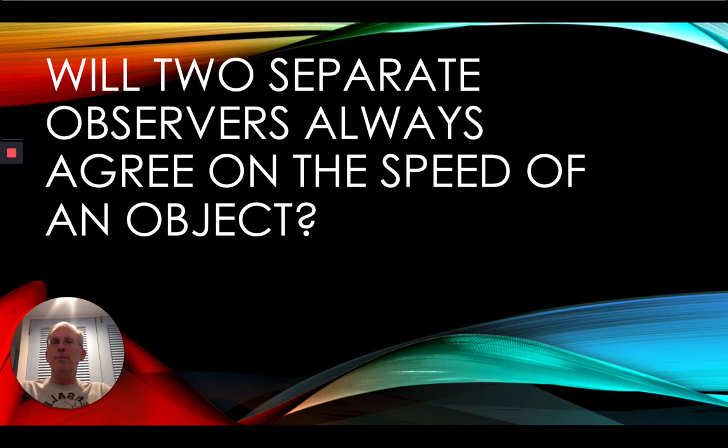Will two separate observers always agree on the speed of an object? So let's say I'm looking out my front door and there's a car going 25 miles an hour down the street with a dog sitting in the passenger seat. And I say, dog's moving 25 miles an hour. What's the passenger saying if the dog is sitting on the passenger's lap?